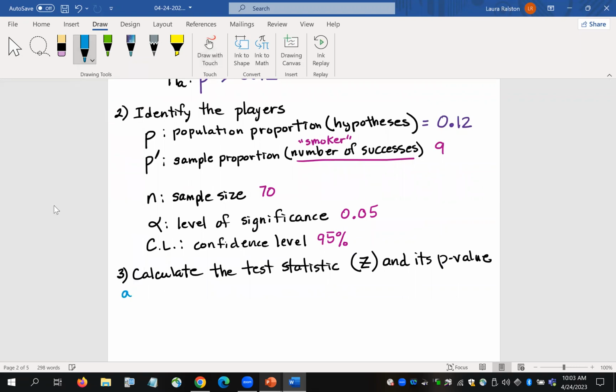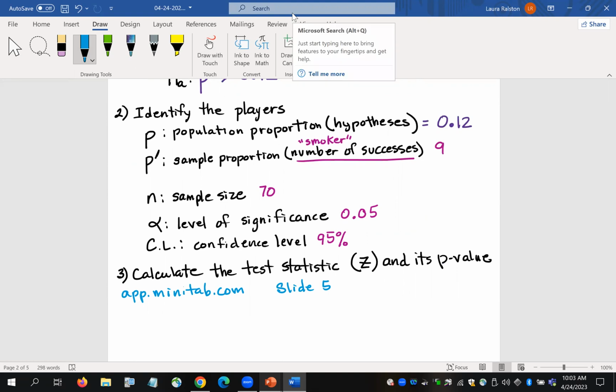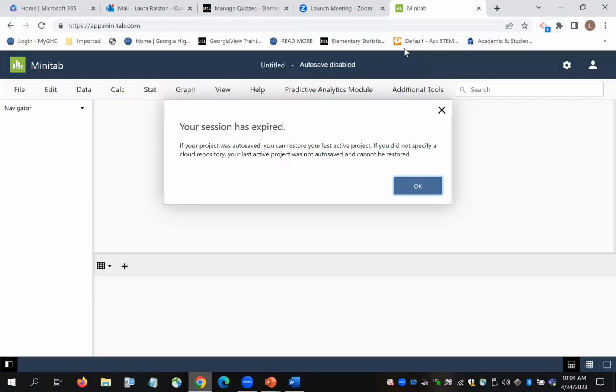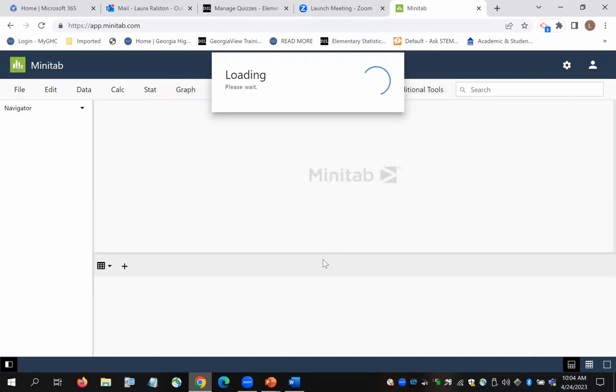And again, the instructions are on slide 5 of the one proportion PowerPoint. So I'm going out to Minitab. Got to wake it back up.